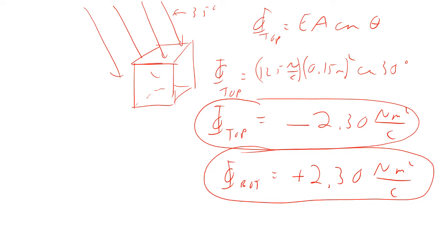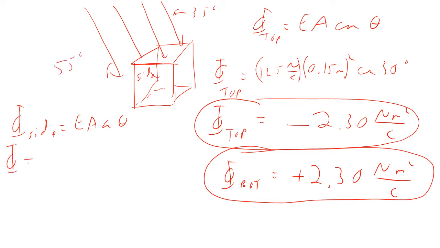Now, the next question is, what about the side? What would be the flux through the side? If you look at the flux of the side, then that's going to be EA cosine of the angle from the side. Well, what's the angle from the side? That is an angle of 55 degrees.